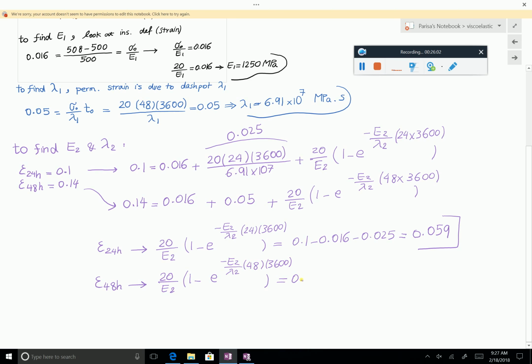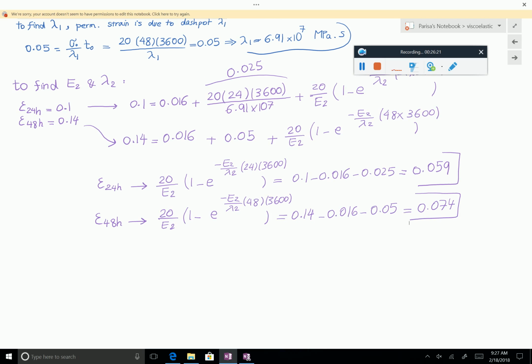And it is 0.14 minus 0.016 minus 0.005 this time, which turns out to be 0.074.